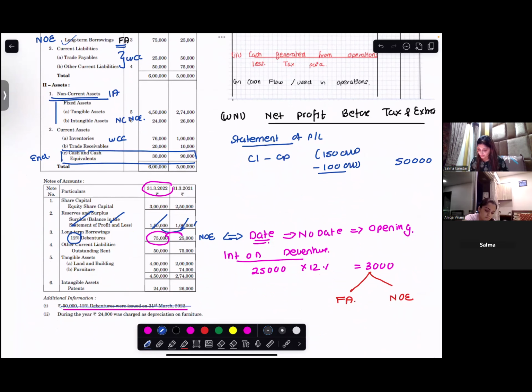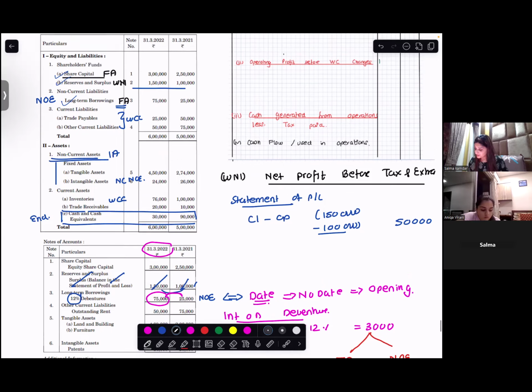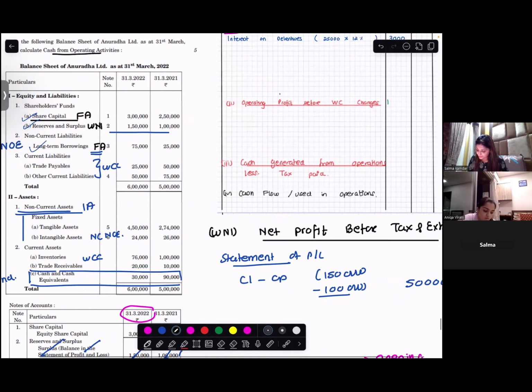Now, current liabilities. These show working capital changes, so the treatment has to be done here. Current liabilities move in the same direction, so this has decreased and is deducted: minus 25,000, and over here minus 25,000.